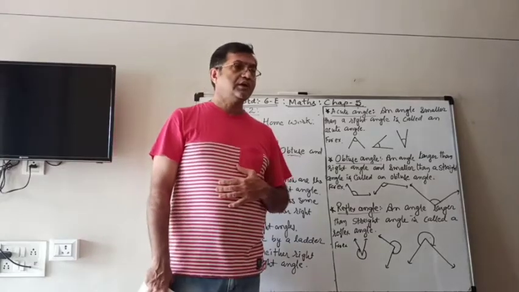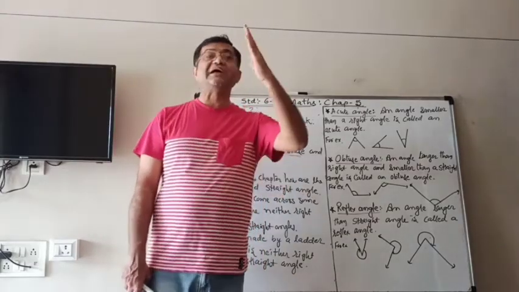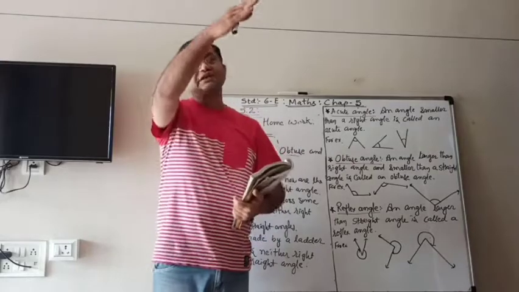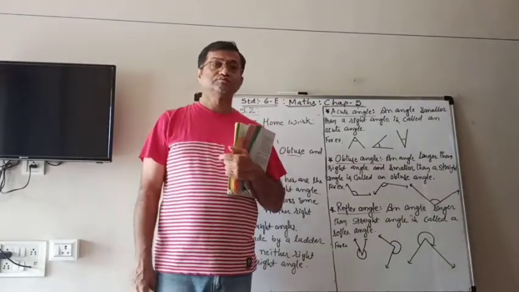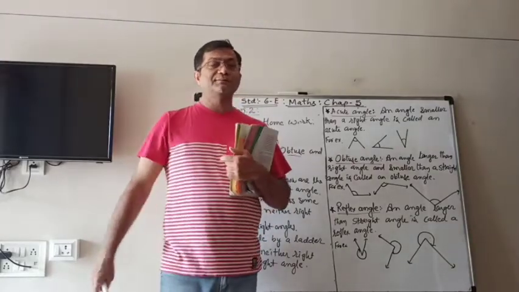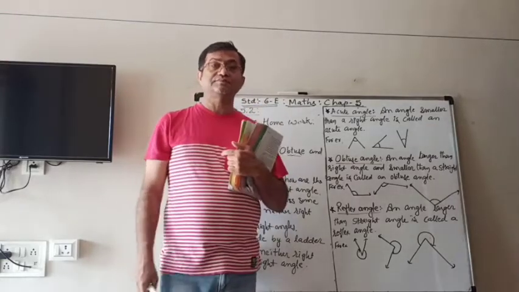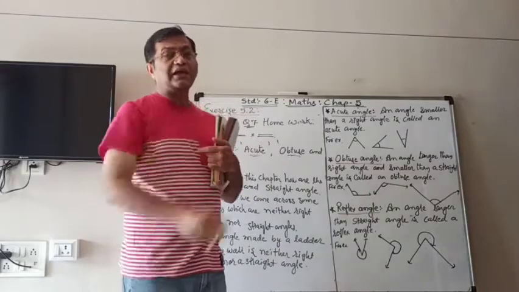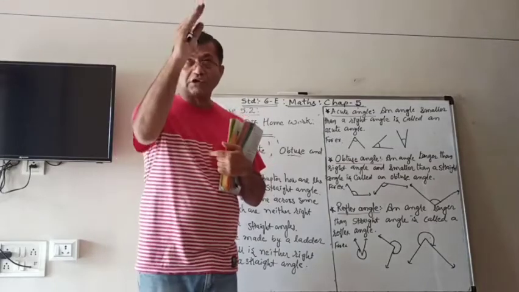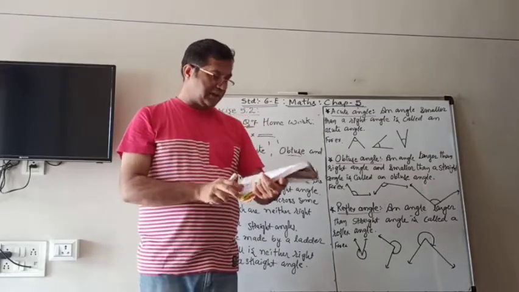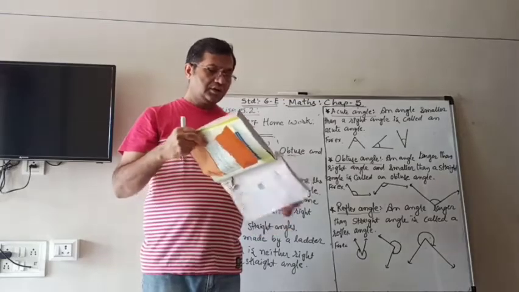Now, according to the situation, we can see, like, when the ladder is leaned against the wall. If we want to climb up, we can't put it straight. We put that ladder like that. Then the ladder makes an angle with the wall also, and it makes an angle with the floor.